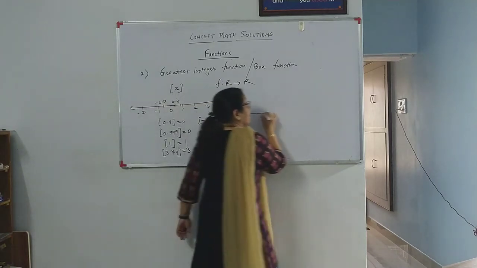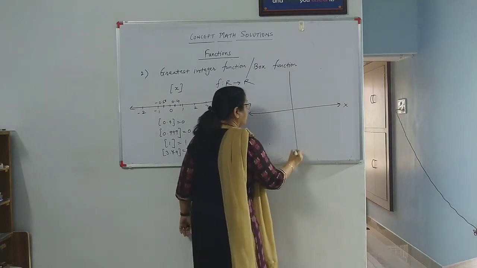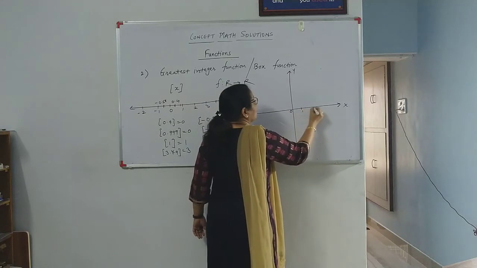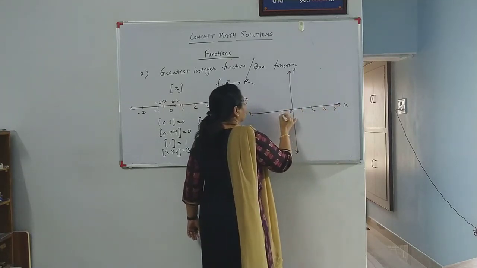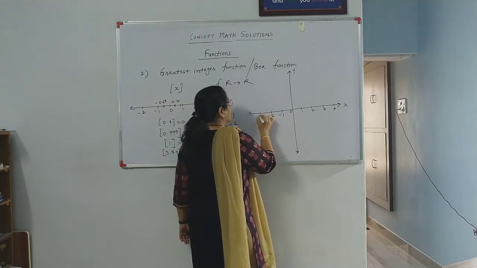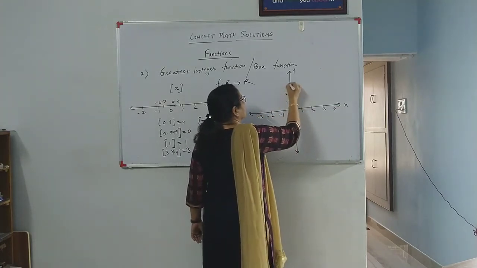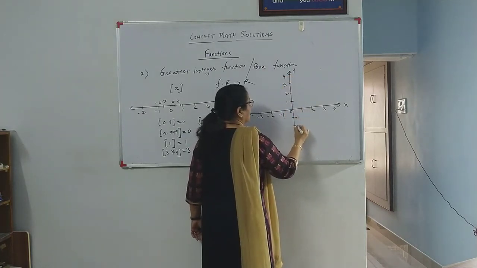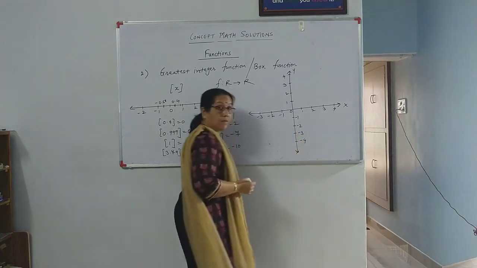That is, if I draw the graph for this function, this is 0, 1, 2, 3, 4, minus 1, minus 2, minus 3 and so on. This is 1, 2, 3, 4 and minus 1, minus 2, minus 3, minus 4 and so on.